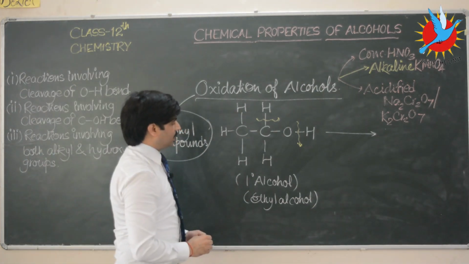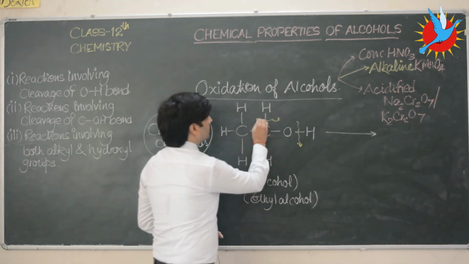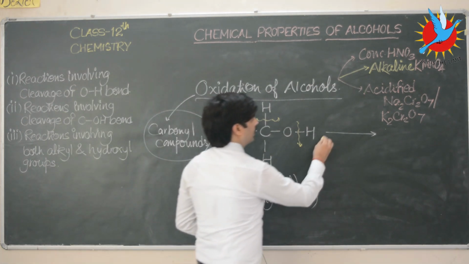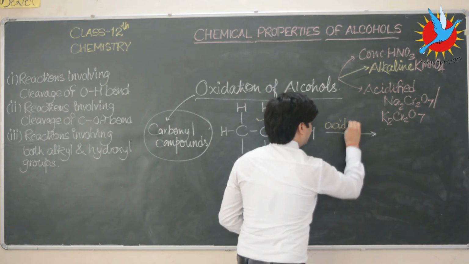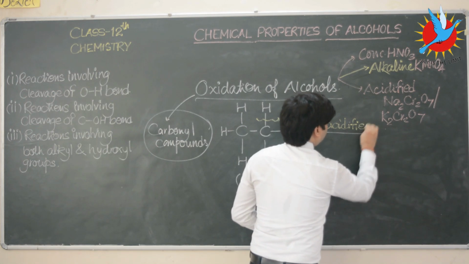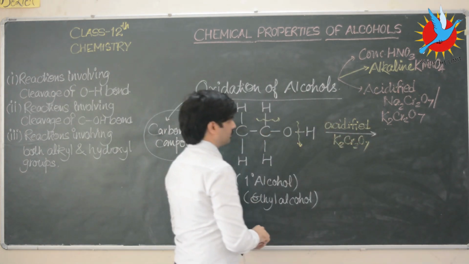I am taking the example of primary alcohol, ethyl alcohol, with the oxidizing agent acidified K2Cr2O7.